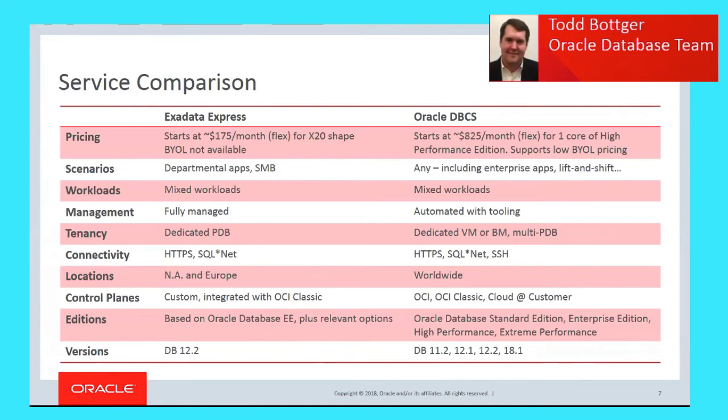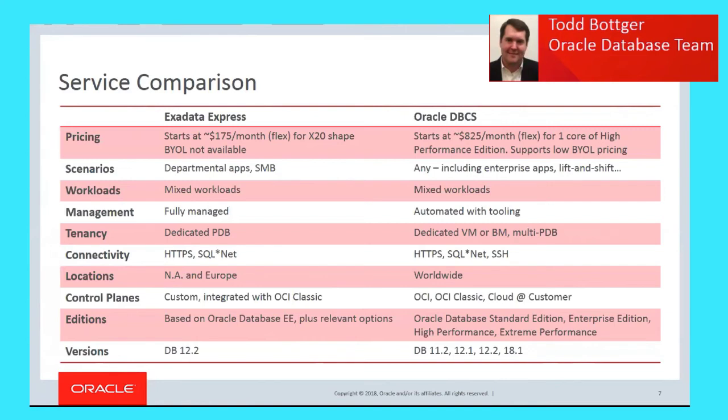In terms of connectivity, with DBCS, you do have access to the host. You can SSH into the host environment, whereas with Exadata Express, you absolutely cannot do that. In a fully managed environment, we don't want you SSHing into the host and changing parameters.